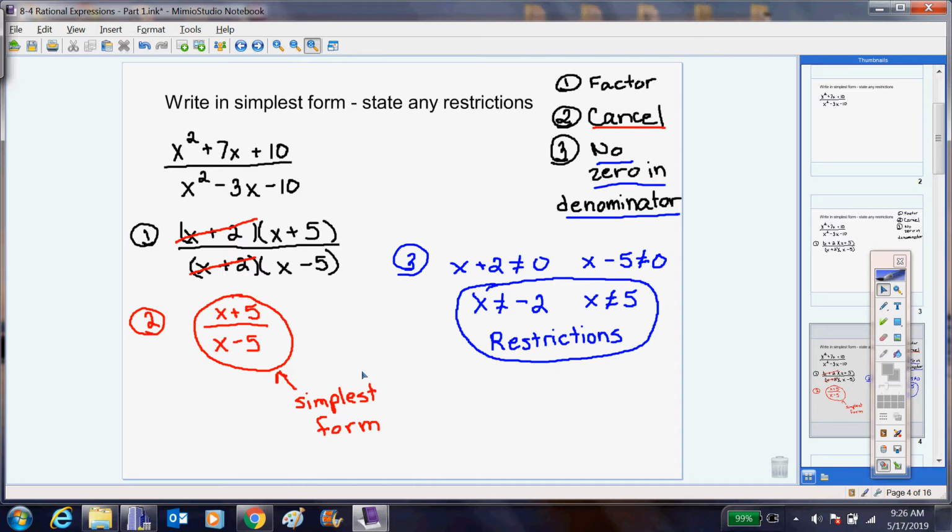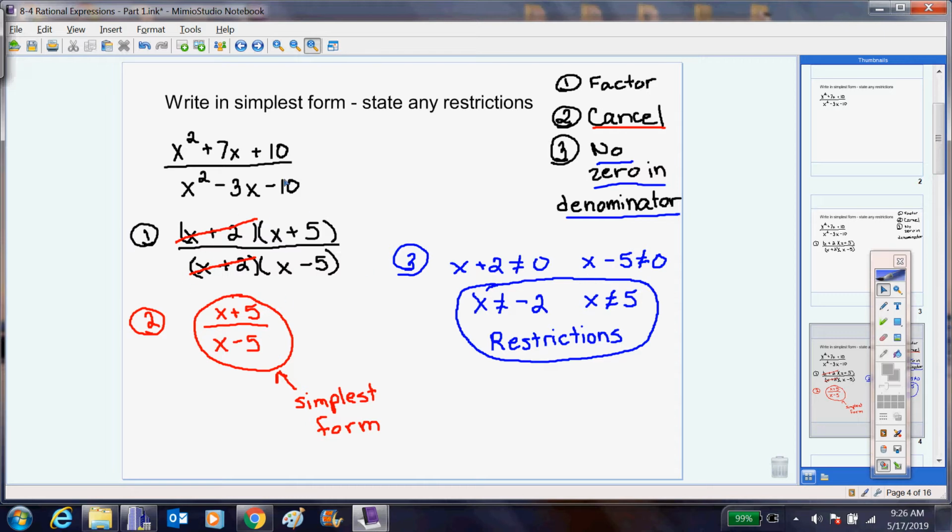And wouldn't it also be x is not -5? Or is that just... Oh. -5 would give you 0 in the numerator, and 0 in the numerator is fine because that would just give you 0. That would give you a point on the x-axis, an x-intercept. So that's fine.